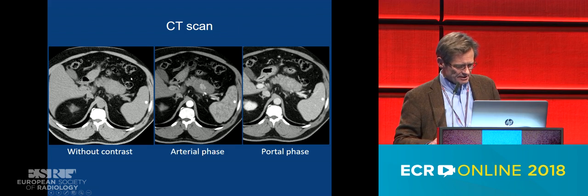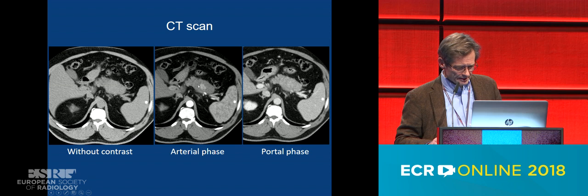So this is the CT without contrast, during the arterial phase and the portal venous phase. So we clearly have a space-occupying lesion located partially in the body and tail of the pancreas. We have loss of the normal lobulation.